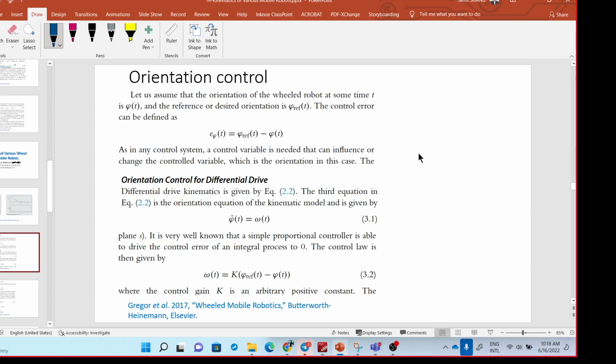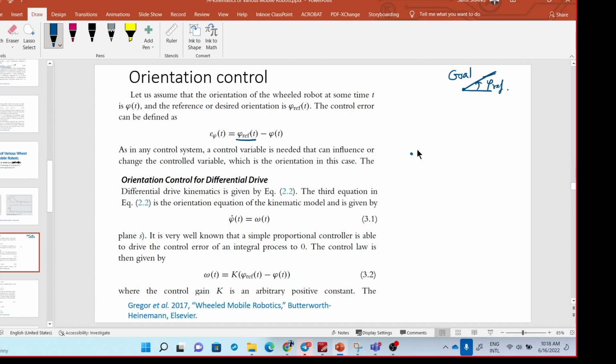We can analyze orientation control and linear velocity control separately. So we denote E as the error of orientation. This is our reference orientation at the goal, so at the goal we want the robot to have orientation this way.